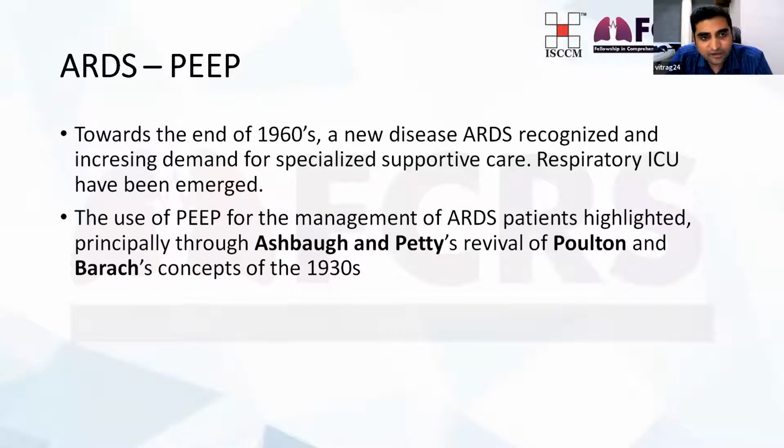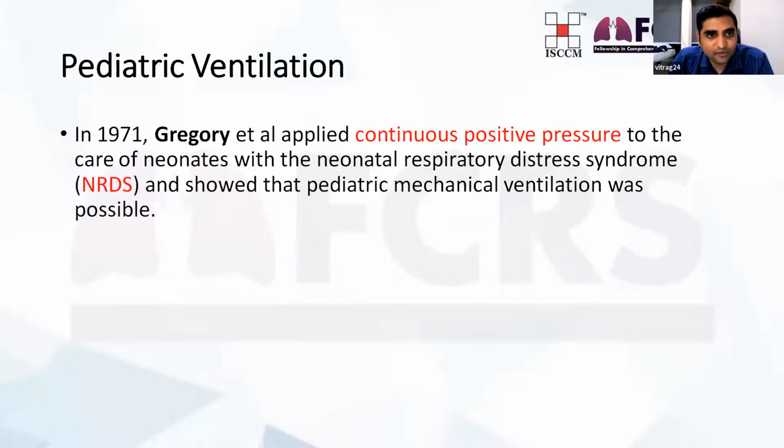Toward the end of the 1960s, a new disease, ARDS, was recognized, and there was an increasing demand for respiratory ICUs. The use of PEEP for the management of ARDS patients was highlighted principally through Ashbaugh and Petty's revival of Walton and Brach's concept of 1930. So they defined the use of PEEP for ARDS, and PEEP started being used from 1960 onwards.